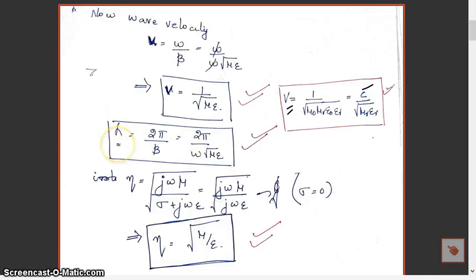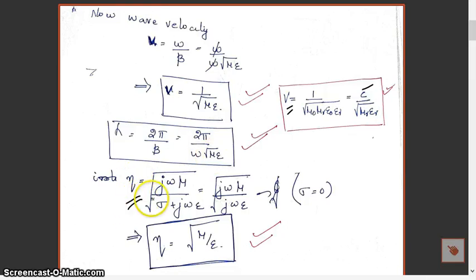Now next we will find the expression for lambda. Lambda is equal to 2 pi by beta, which is 2 pi by omega into square root of mu epsilon. Okay. Just mere substitution is there. Then we know what is intrinsic impedance.